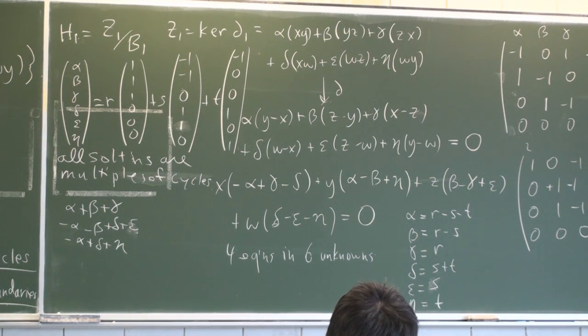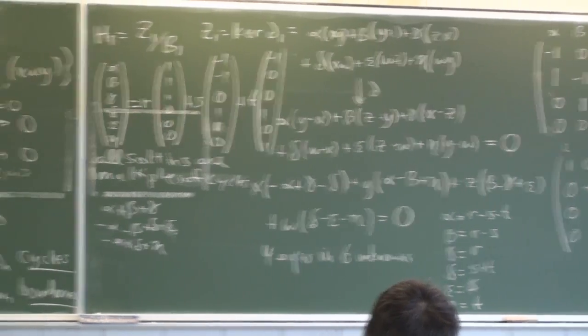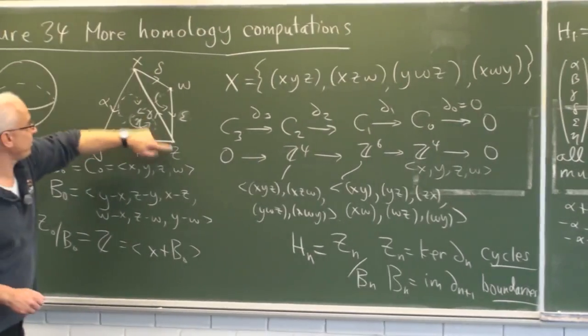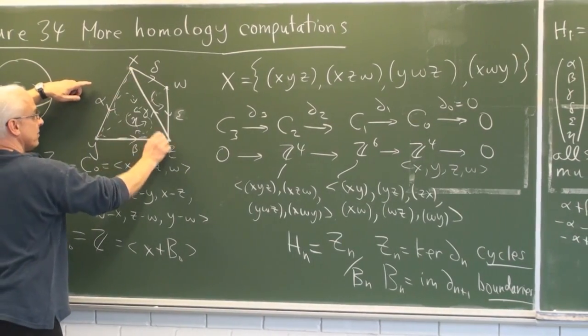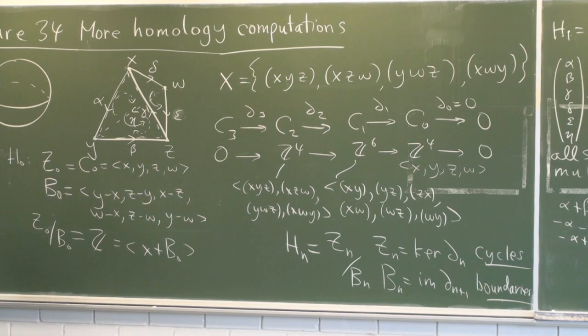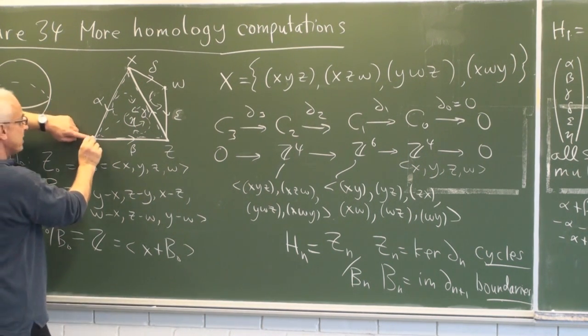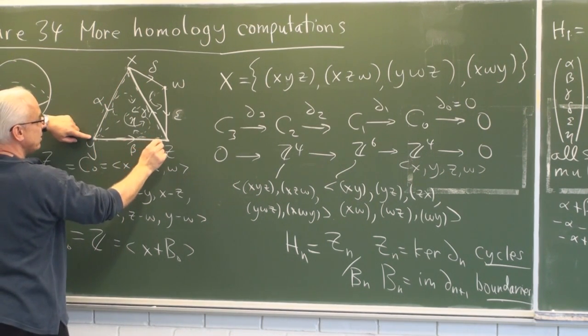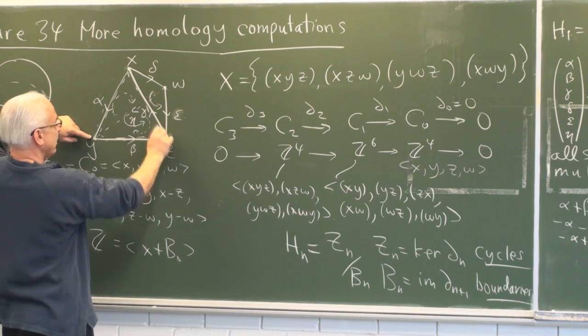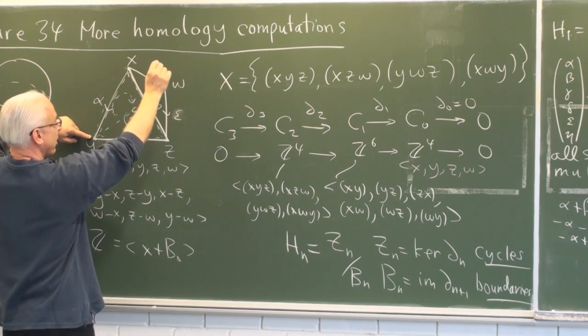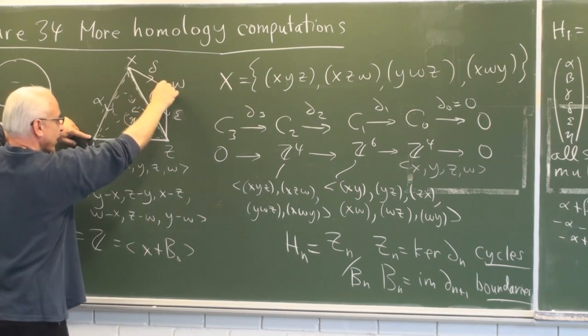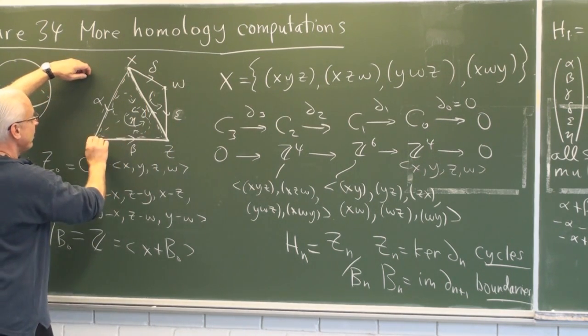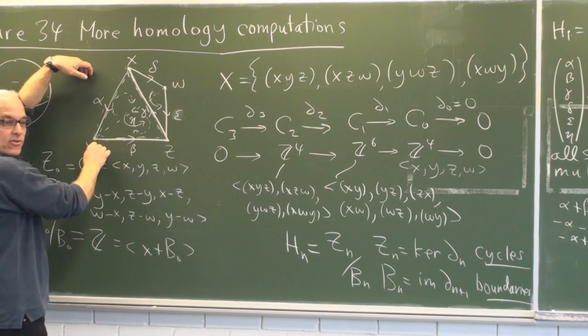And geometrically, these are cycles which look like what? Alpha plus beta plus gamma, here I've labeled the edges, that was this cycle here. That does look like a cycle. And then minus alpha minus beta plus delta plus epsilon, so that's the cycle that goes this plus this plus this plus this.